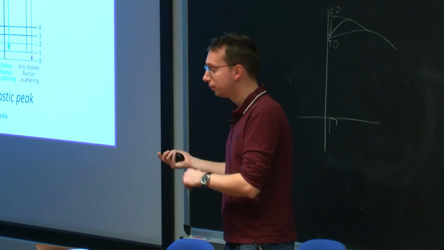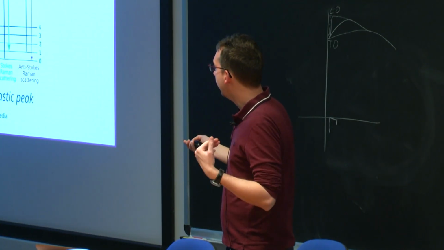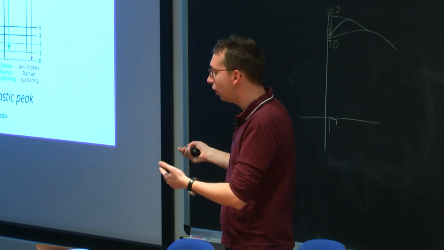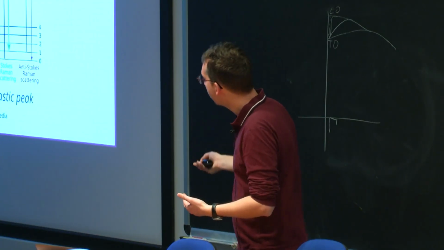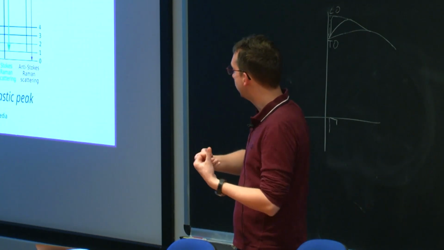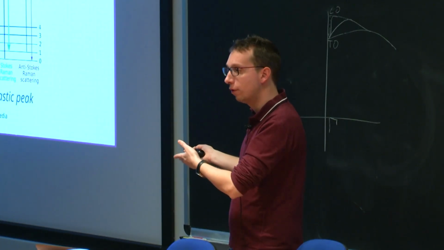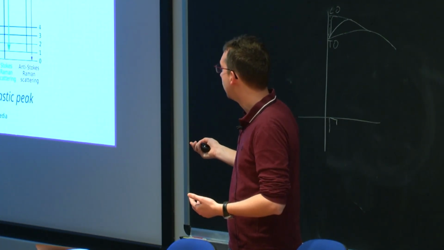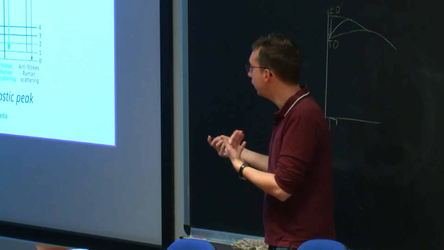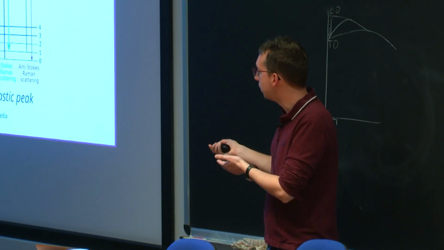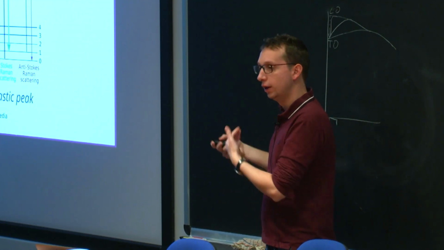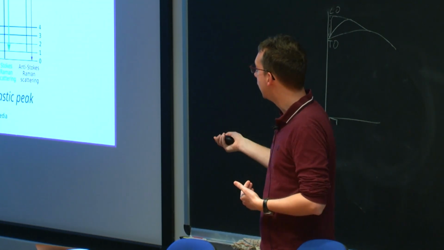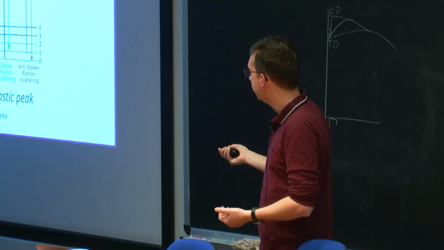Or it could be that when the photon is absorbed, also a phonon is absorbed, and so you go to the virtual state, and then you go back to the initial state without re-emitting the same phonon as before. And so you see also a shift. This is why when talking about Raman spectroscopy, experimentalists always say Raman shift, because it is a change in the wavelength of the light you put in your crystal.